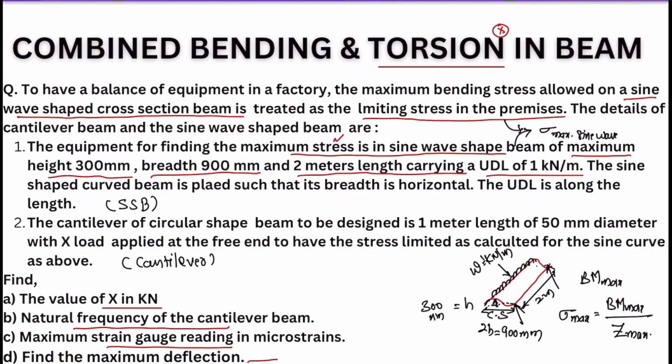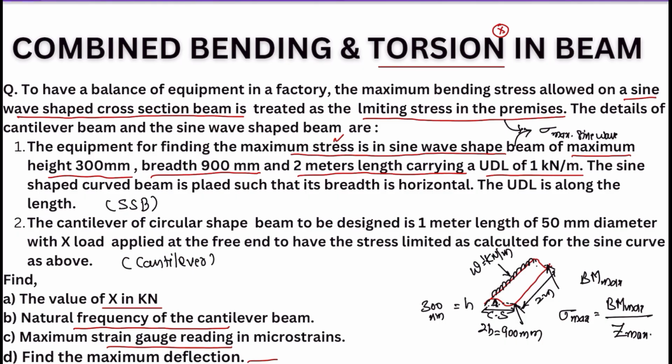Now in the second part, the cantilever circular shape beam. Cantilever is circular shaped. It is 1 meter length and 50 mm diameter with a load X applied at the free end.